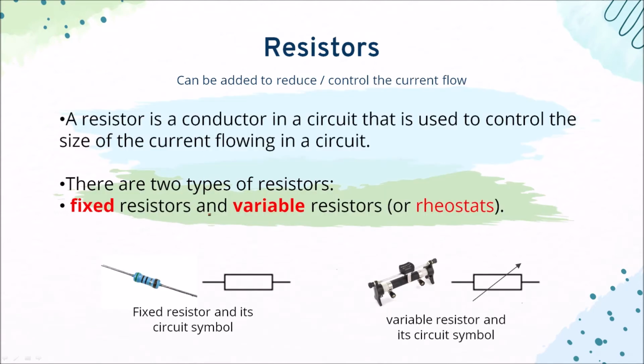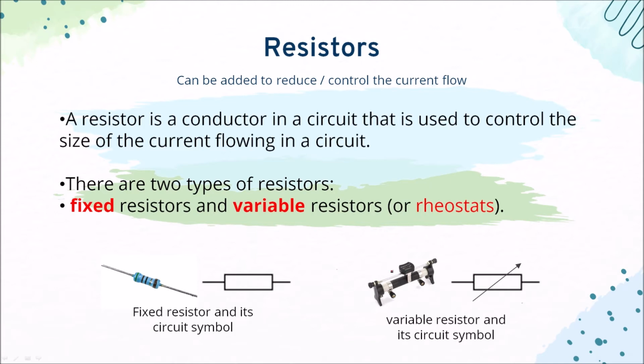Having discovered resistance, Ohm was able to add components to control the size of the current in the circuit, and that is known as a resistor. In the lab, you should have seen these symbols before, but let me go through them properly. For a fixed resistor, the symbol is a rectangle with two lines, and for a variable resistor, it is a rectangle with an arrow through it.